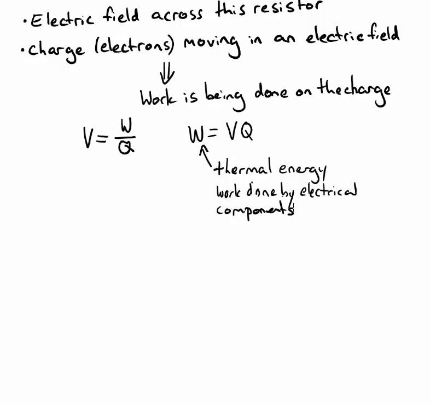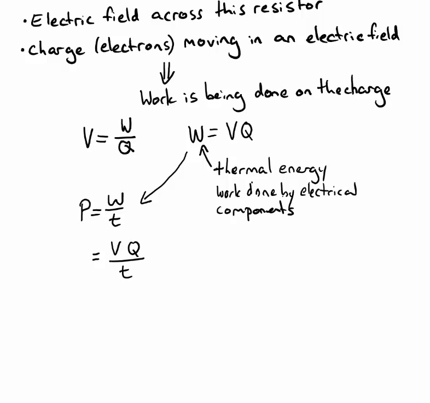What is power? Power is energy per unit time, or we can write it as the work done per unit time. And we can simply substitute this expression for work into the expression for power, and we get the potential difference, or voltage, times Q divided by the time.